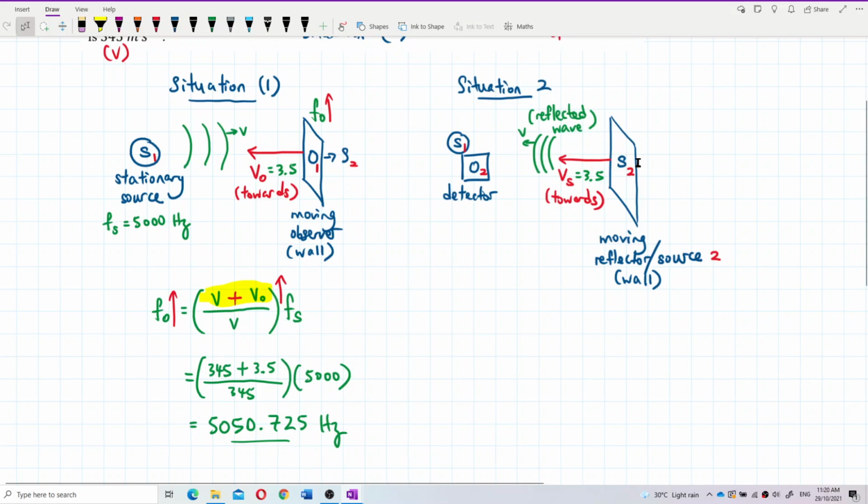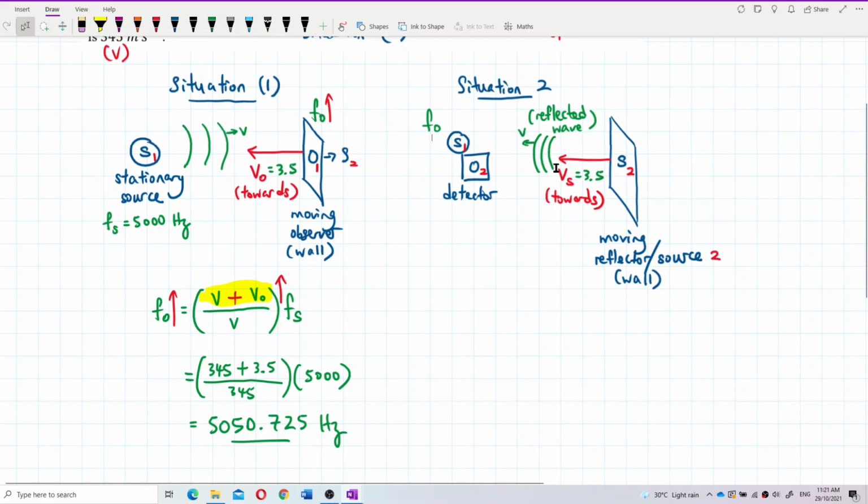is source 2, moving towards the detector. So the wave is being compressed. The observed frequency should further increase because the source is moving towards the detector.